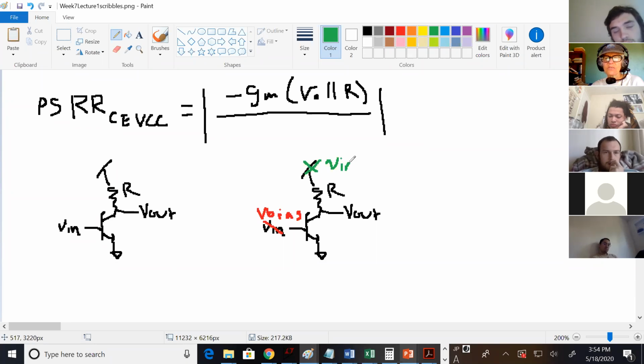This is a little bit weird because it doesn't look like any of the amplifiers that you saw. So now you kind of have to reason it out. It's not one of the amplifiers you know. So the question is, how much does V out move when V in moves? Just R, right? I'm not sure.